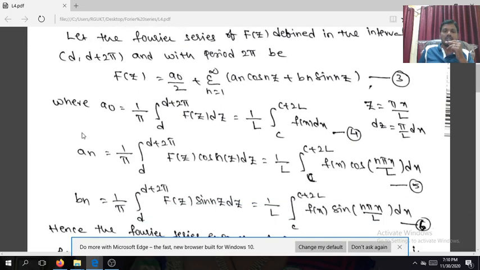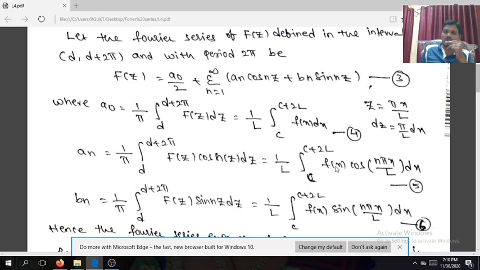Remember this. In the same manner, I am writing a n is equal to 1 by pi integral d to d plus 2 pi f of z cos nz dz. But dz is equal to pi by l dx, so pi gets cancelled, and 1 by l remains. If you are replacing z with x, you can change the limit to c to c plus 2l.